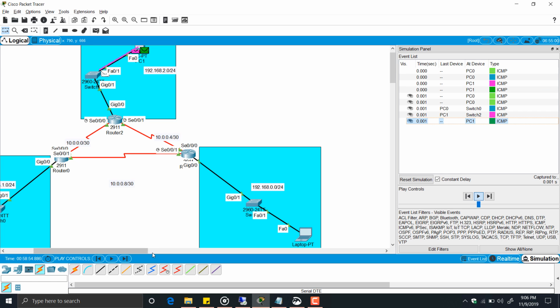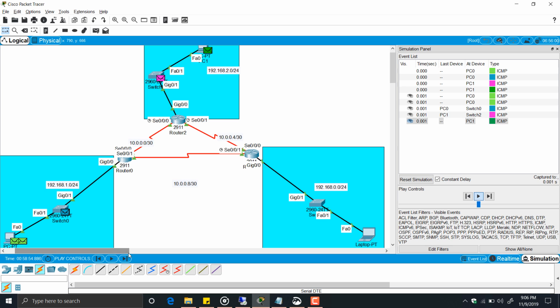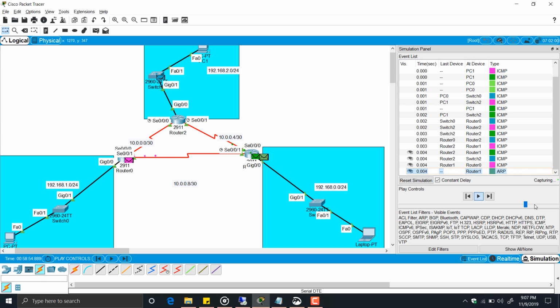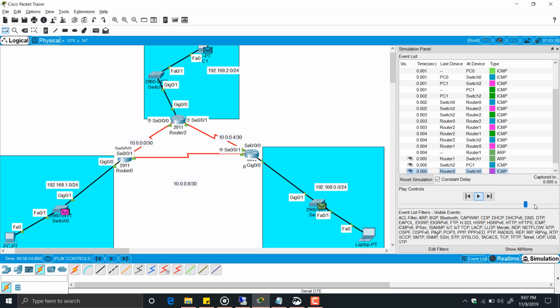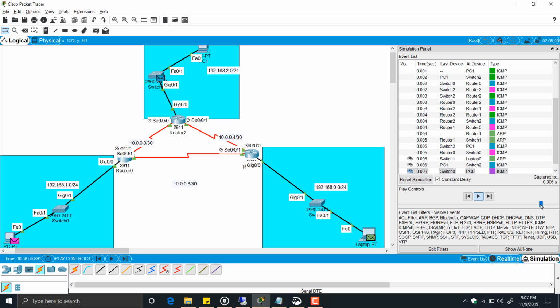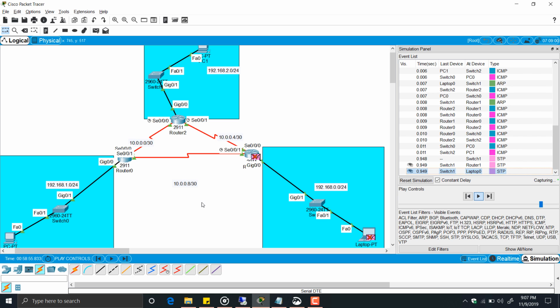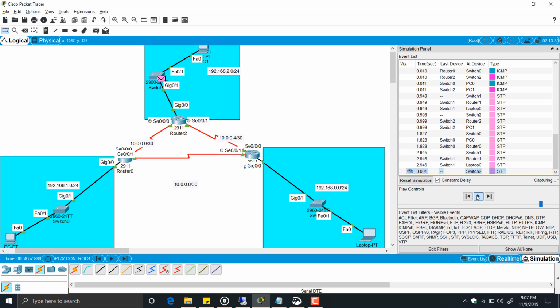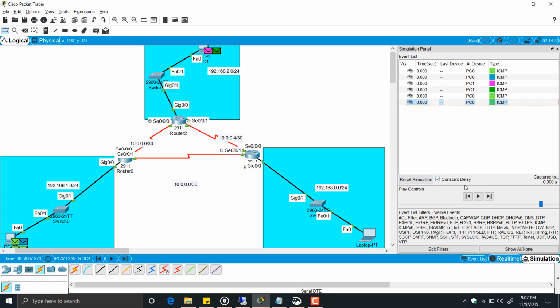So let's play this. Okay, you can see the packets, they are traveling in a clockwise direction. Okay, let's reset this, play it again.